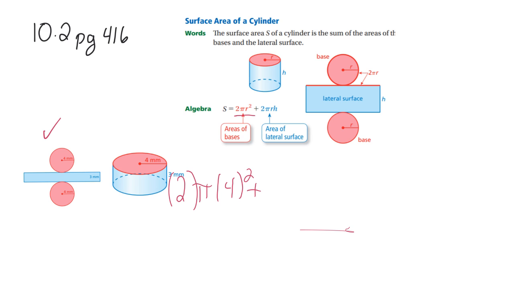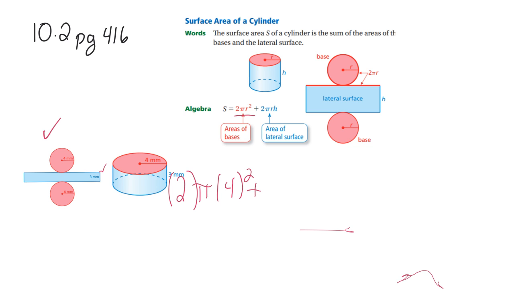Perfect. Now we add that to the lateral surface. Remember, you imagine it being unrolled, and this time they actually gave it to you, which was nice. So we just find the base and the height of that rectangle. We know the height is 3, but we need to figure out that base. Remember, that is just the circumference of the circle. So circumference is 2 pi r.